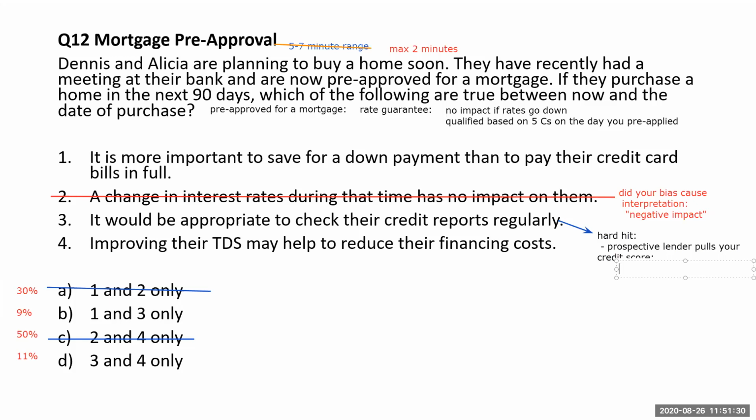So a hard hit is where a prospective lender pulls your credit score. This is actually not that easy to do, okay? A consumer can't just arbitrarily create a hard hit.